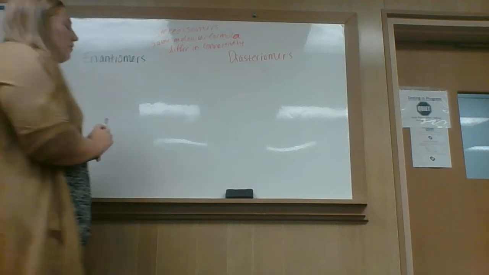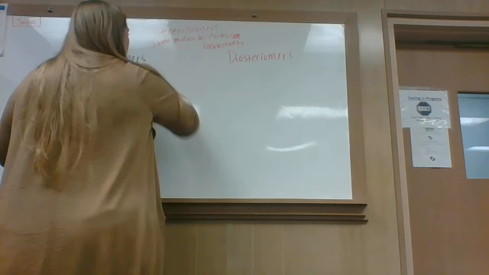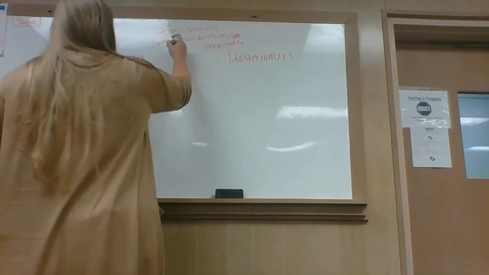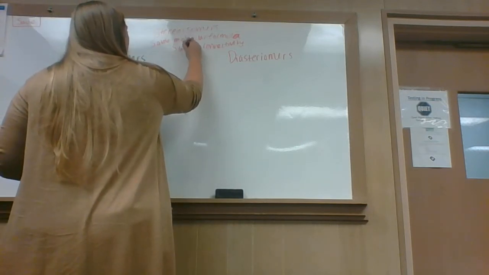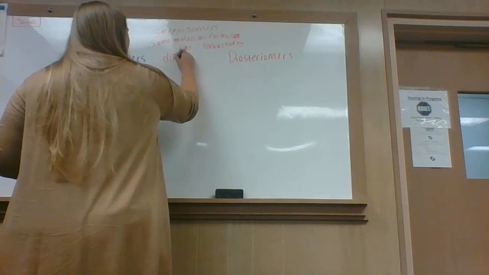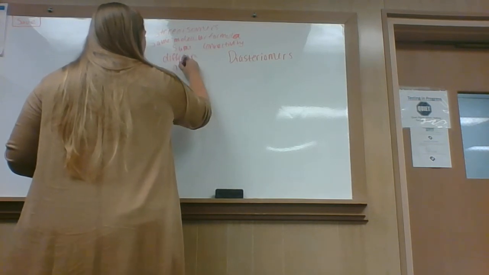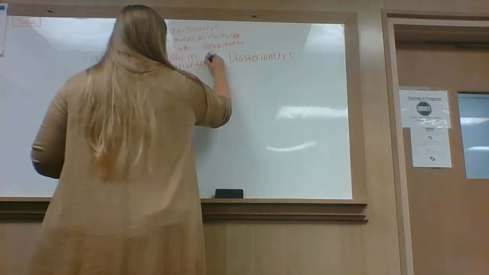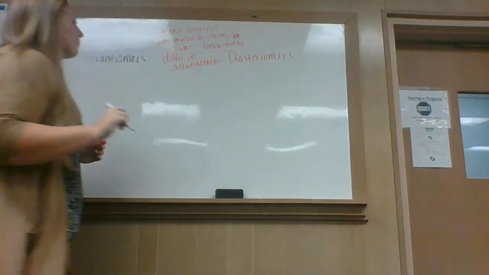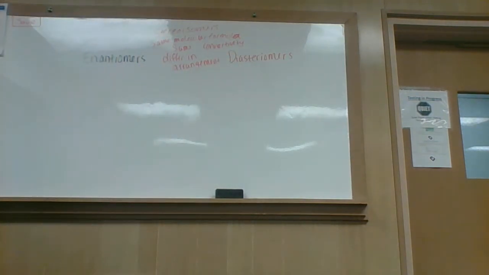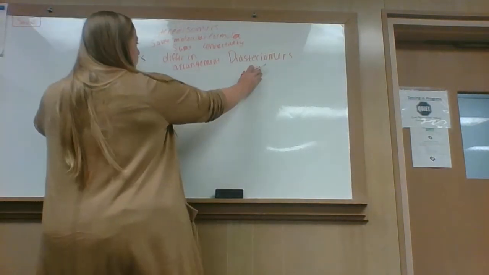Actually, I'm sorry, I wrote that wrong. Same connectivity, differ in arrangement. Same molecular formula and connectivity, but different arrangement. I apologize. I said different in space because then I remember stereo as in space. That's a good way of thinking of it, absolutely. This applies to both enantiomers and diastereomers.